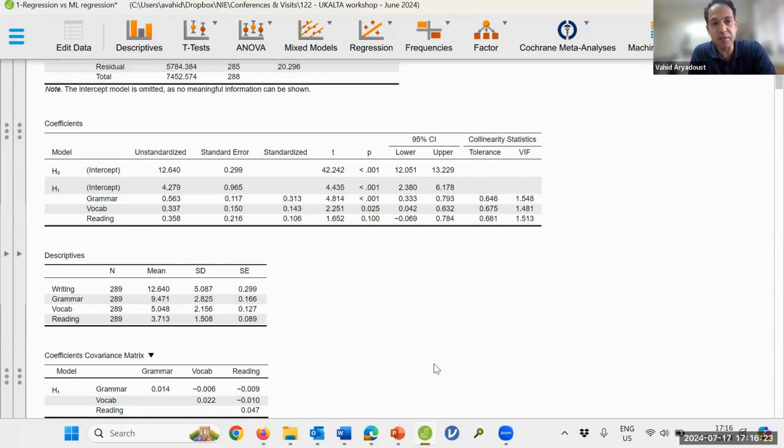What does it represent in the writing variable? Do you remember? It's the, drum roll please, unit.